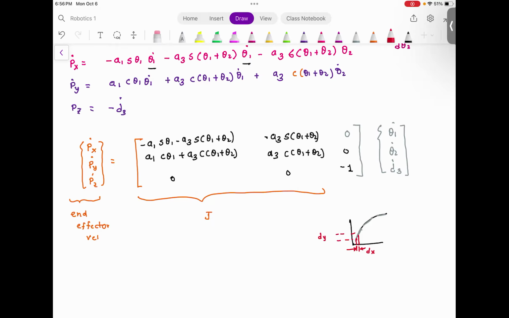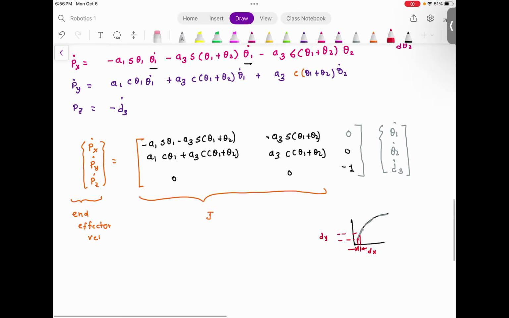In the case of the Jacobian, your joint variable theta 1 dot is over here, and you are getting Px dot. So you have a function, Px, which is dependent on theta 1. Px dot is df of theta 1 divided by d theta 1 multiplied by d theta 1 by dt.